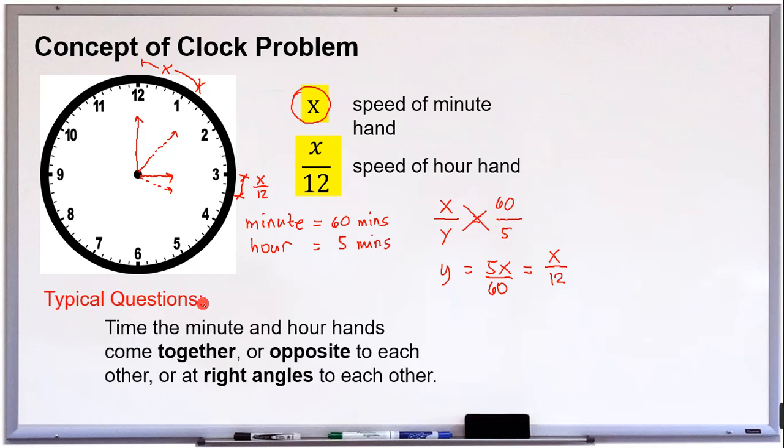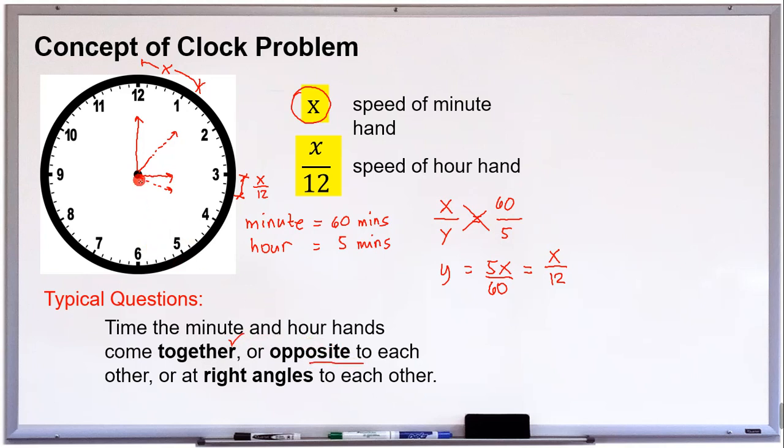So the typical questions for clock problems: we have the time when the minute and hour hands come together. If we visualize that, both the minute hand and the hour hand will coincide with each other, or they could be opposite to each other.